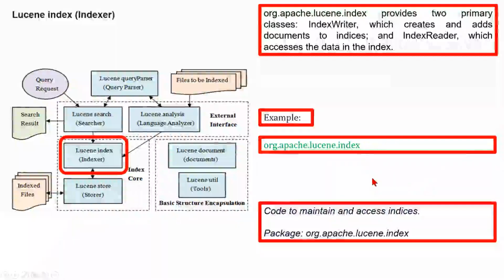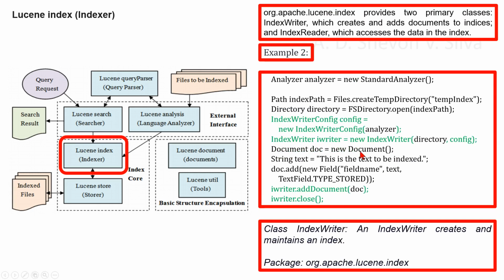As an example, we can consider package org.apache.lucene.index. This is the code to maintain and access indices. As another example, we can consider this code segment here, class IndexWriter. IndexWriter creates and maintains an index.